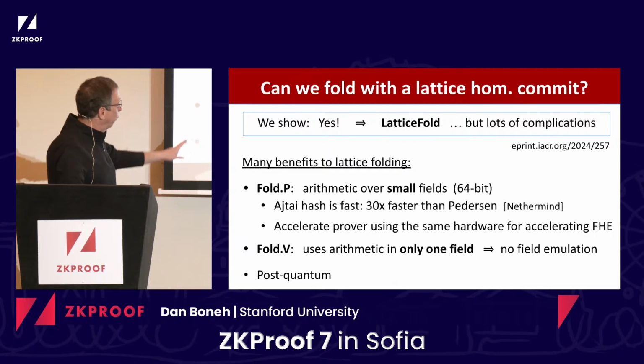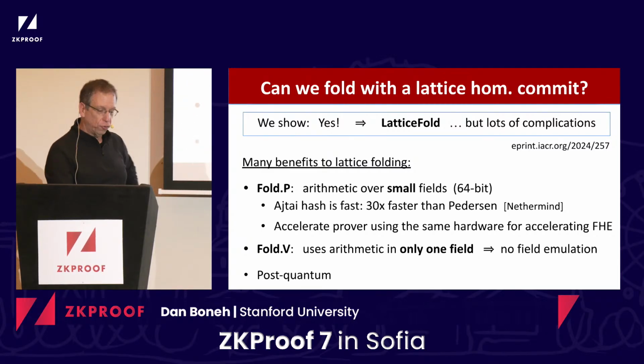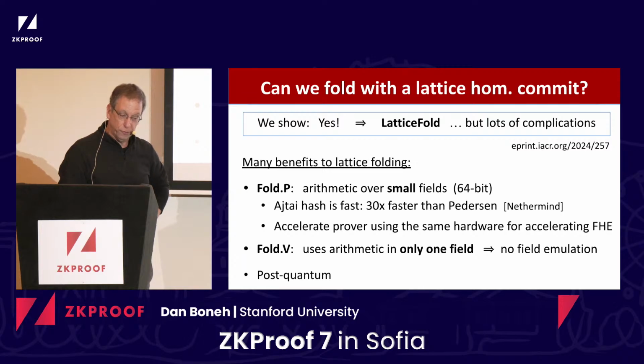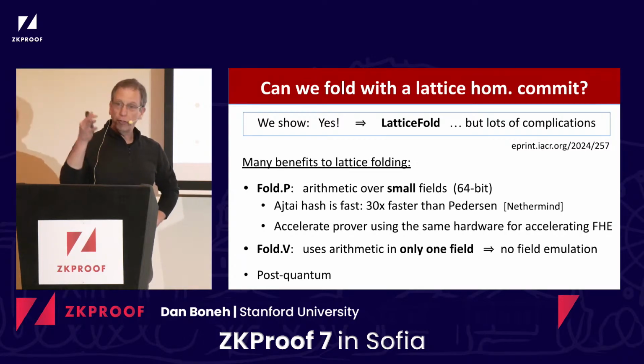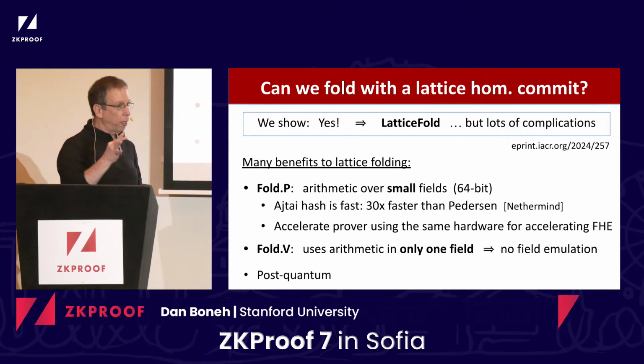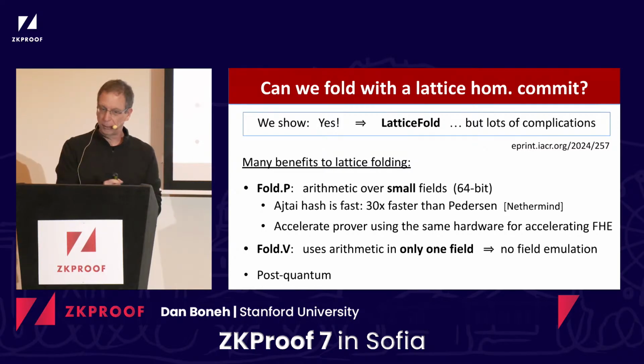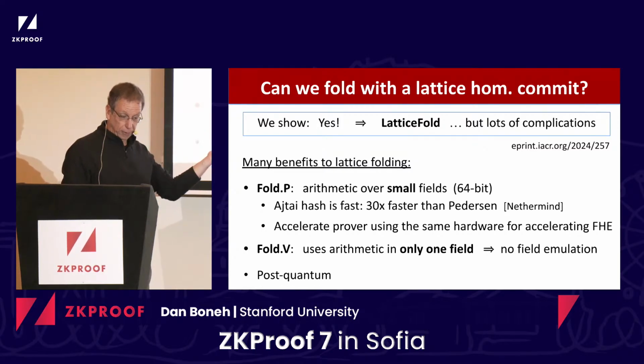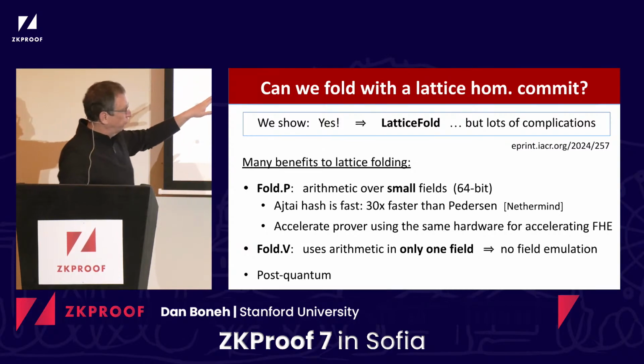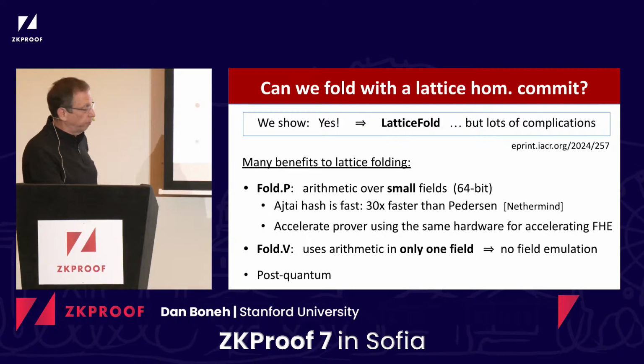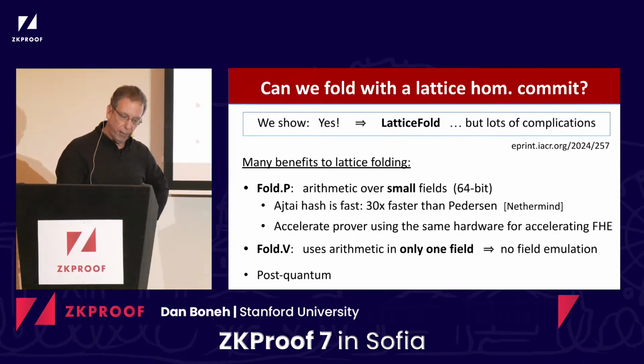The benefits are that now all of a sudden you're using much smaller fields, only 64-bit fields. And actually later today there's a beautiful talk by Nethermind. I highly recommend everybody go to this talk that experiments with LatticeFold and its derivative. One of the things they show is that for reasonable numbers, Ajtai hash is about 30 times faster than the Pedersen hash, which suggests that the folding prover and folding verifier could be dramatically faster than if we use Pedersen.